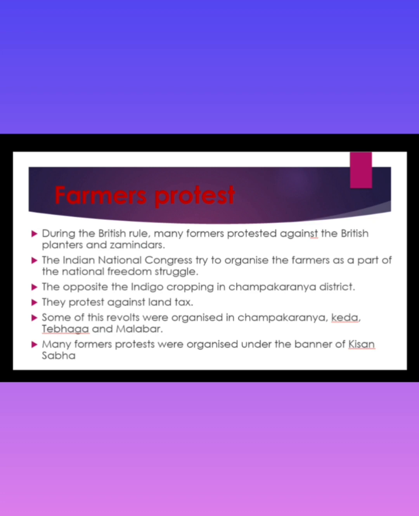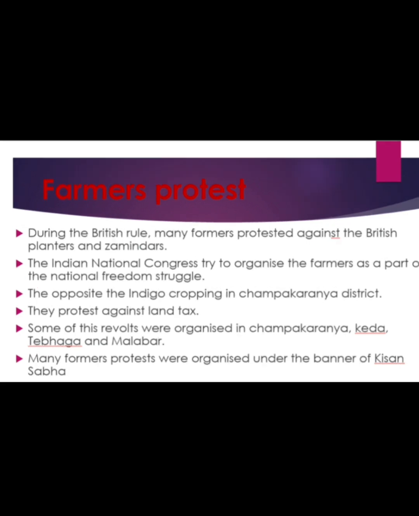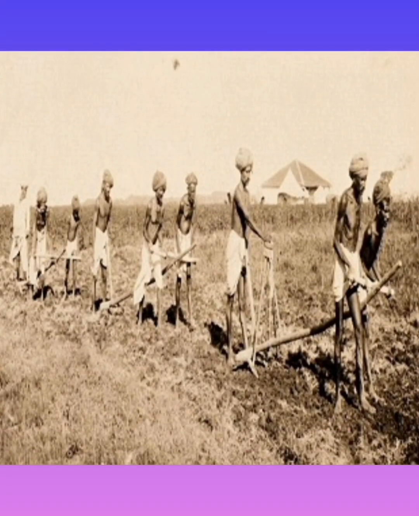In Telangana, farmers protested against the zamindars and the Nizam's Razakars. Many of the protests were organized under the banner of Kisan Sabha, which was influenced by leftist ideologies. These protests were often in favor of the Congress and many times stood opposite to Congress.